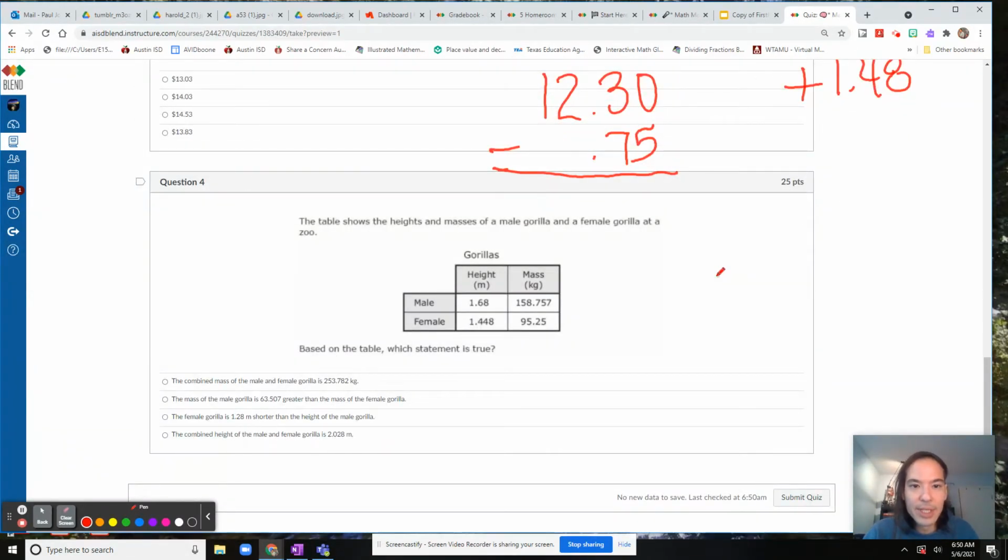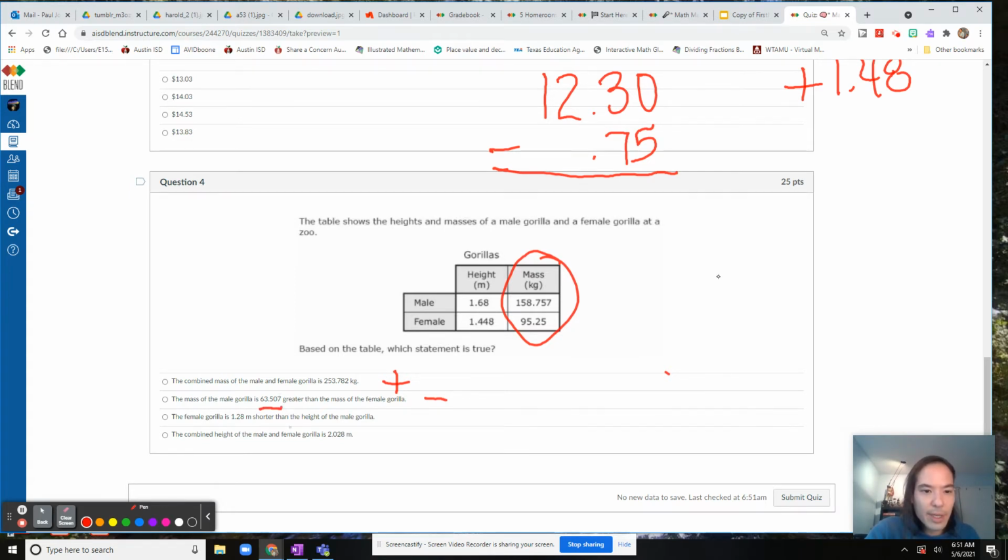Question 4, the table shows the heights and masses of a male gorilla and a female gorilla. Based on that, which statement is true? So you're either going to find out by adding the combined mass. Does the combined mass of these two things equal 253? Or they're saying the mass of the male gorilla is 63 and 507 thousandths greater. So if you subtract the male and female gorillas, if the difference is this, then that's the correct answer.